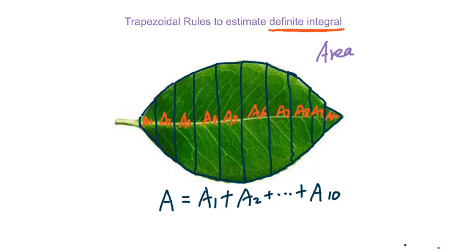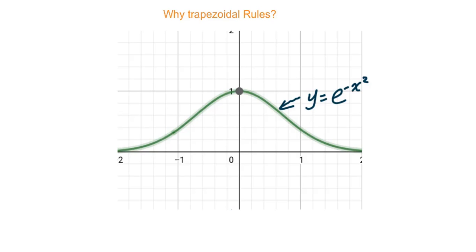The way to estimate the area, we call this the trapezoidal rules. Another reason why trapezoidal rules is important is that there are some functions we cannot work out the indefinite integral.